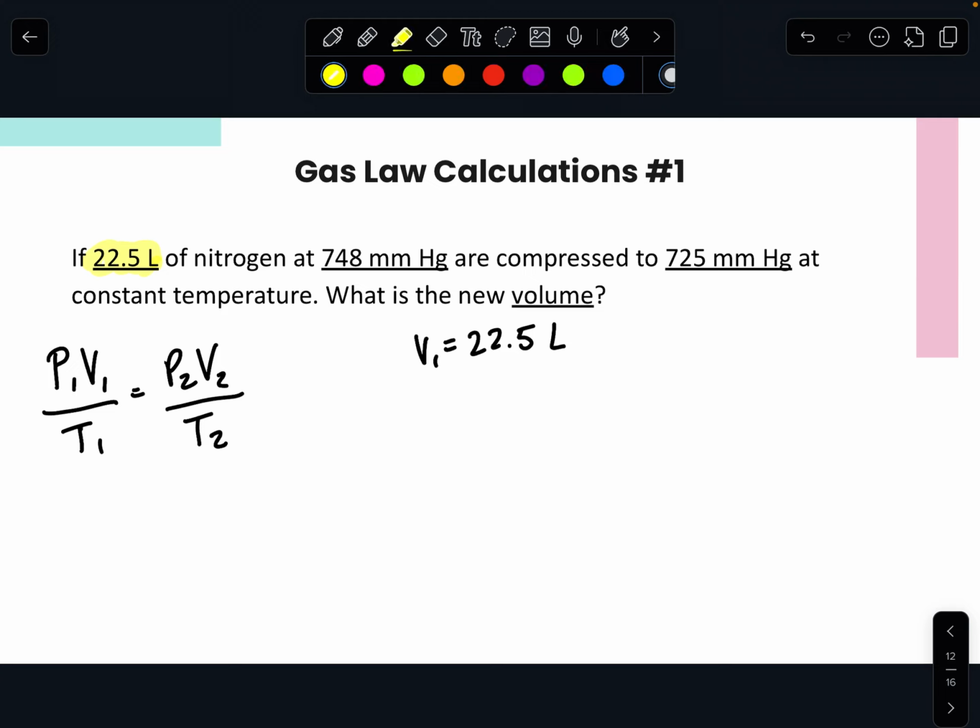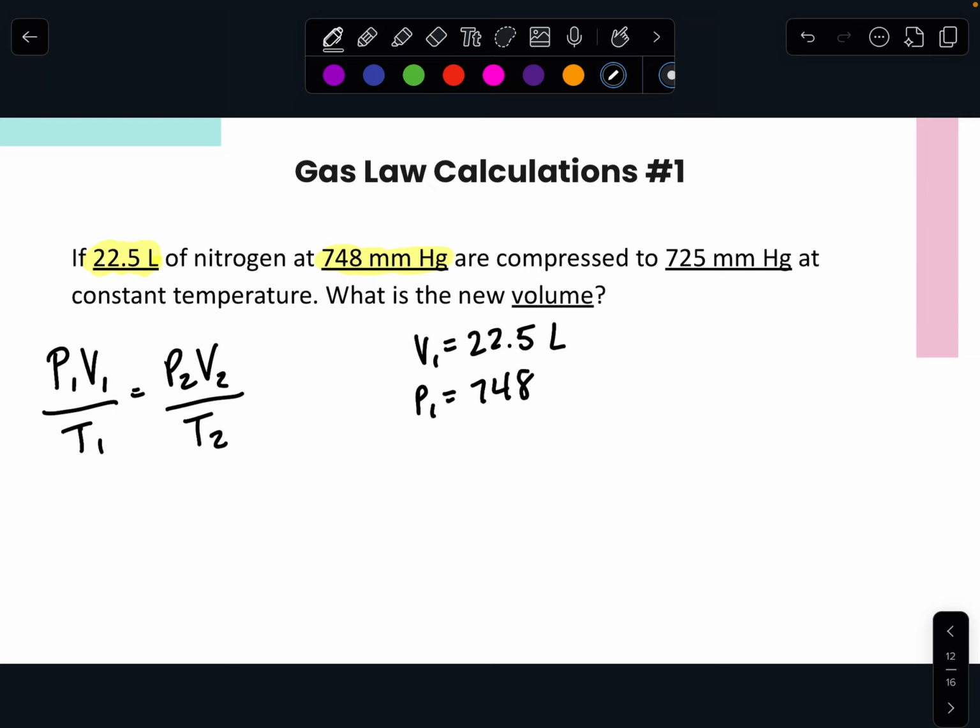The next number that's given to me is 748 millimeters mercury. I know that millimeters mercury is a unit of pressure, so this is going to be my pressure measurement. The reason I wrote them as V1 and P1 is because these are my starting amounts. I'm told that I have 22.5 liters of nitrogen, and it's at 748 millimeters mercury. So that's the volume and the pressure.